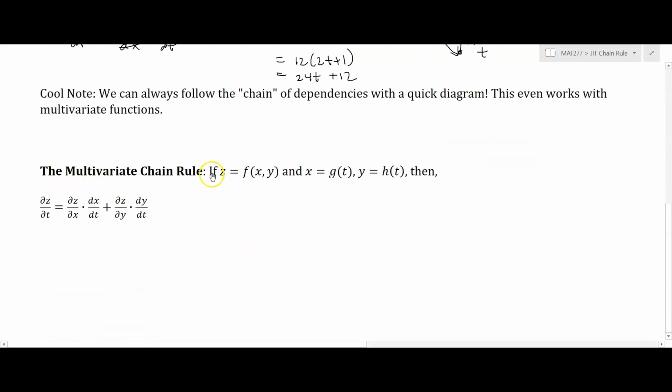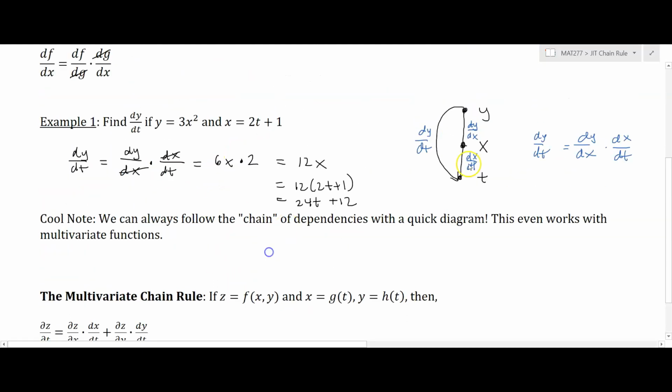So for a multivariable chain rule, oh, and by the way, this could be something like the cost of gas. So let's just say that this is the cost to fill a gas tank. Well, what does that depend on? That depends on how many gallons you get, right? So you're going to get x gallons.